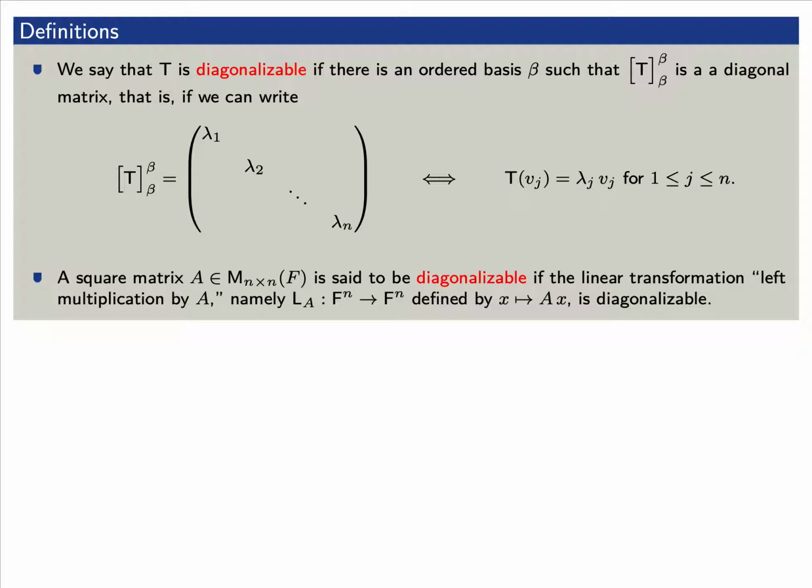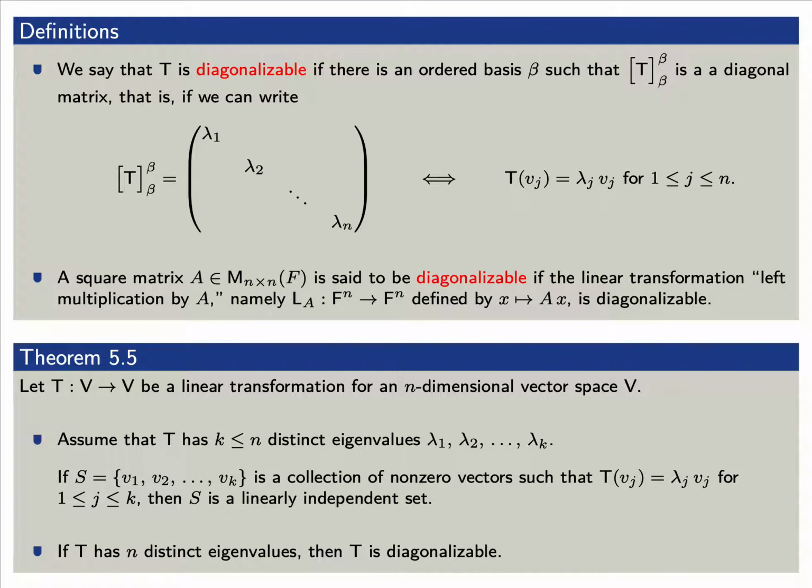A square matrix A is said to be diagonalizable if the linear transformation left multiplication by A is diagonalizable. Here we have the main result for the day. Let's say that T is a linear transformation from a vector space V to itself. For the first statement, assume that T has k distinct eigenvalues, where of course k is less than or equal to n.